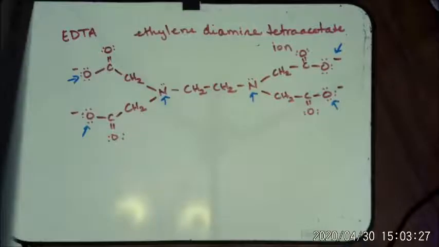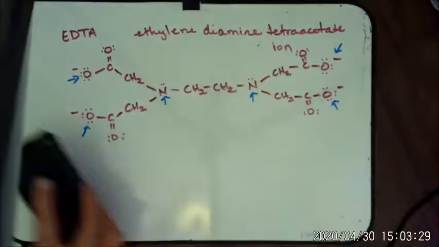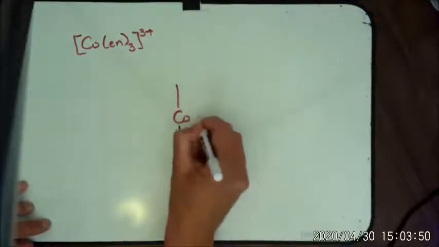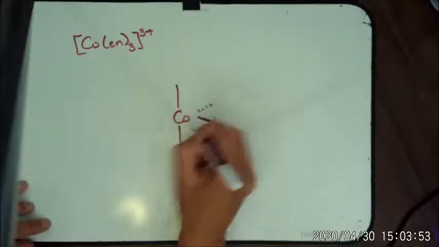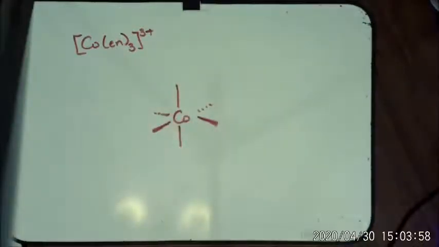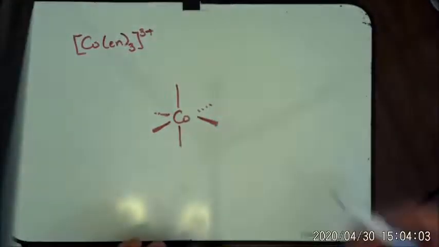So let me just show you, let me just draw it out. Complex. So let's do a cobalt with 3 ethylene diamines. And this is a 3+. But here is my cobalt and ethylene diamine, I have 2 nitrogens, 2 carbons, right?